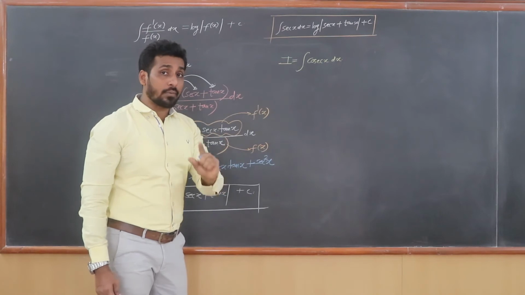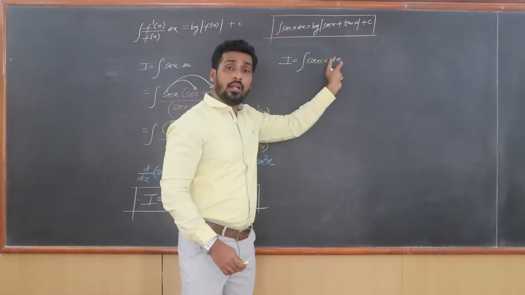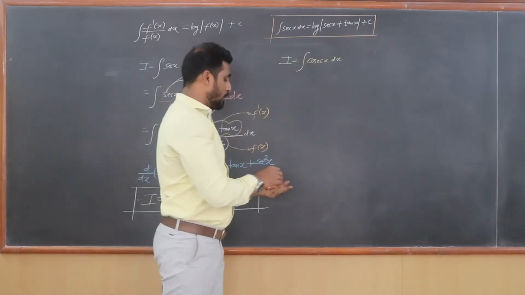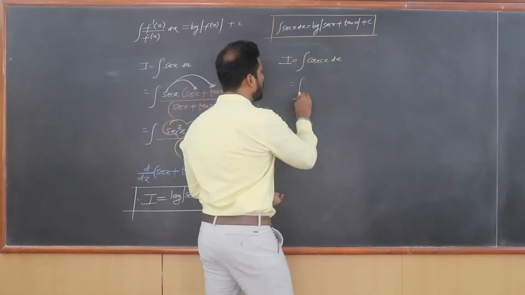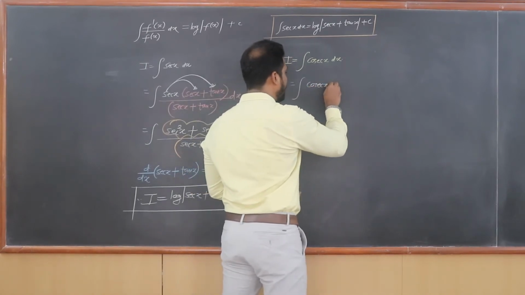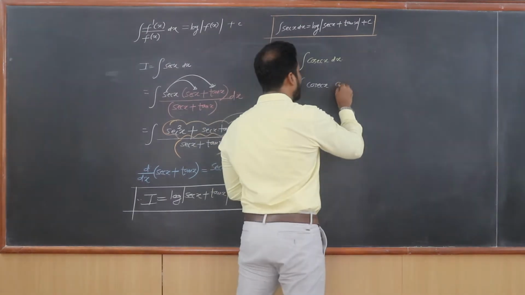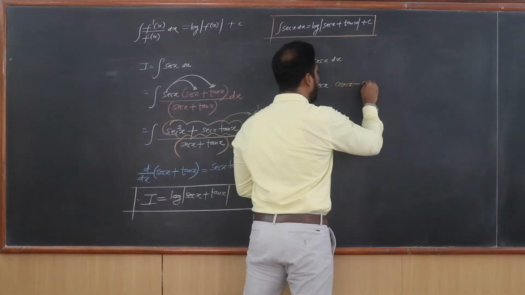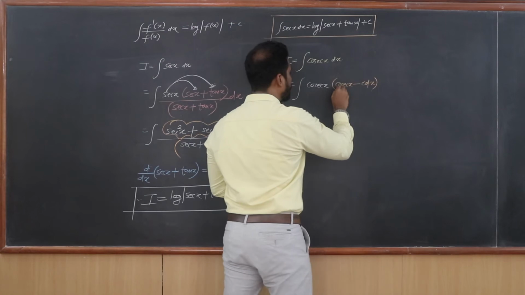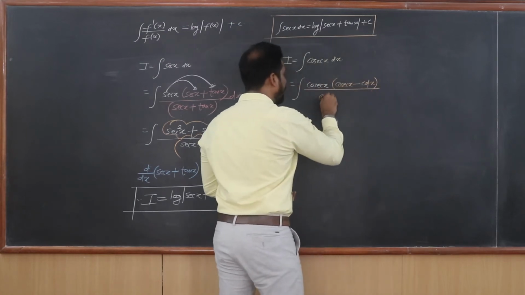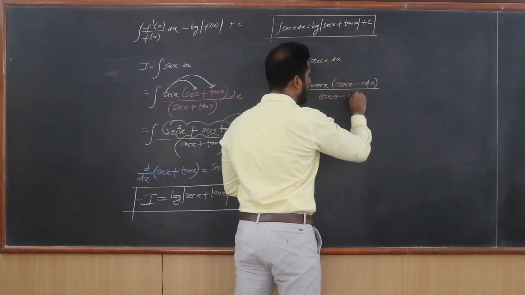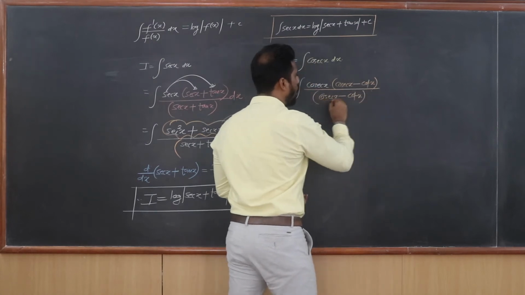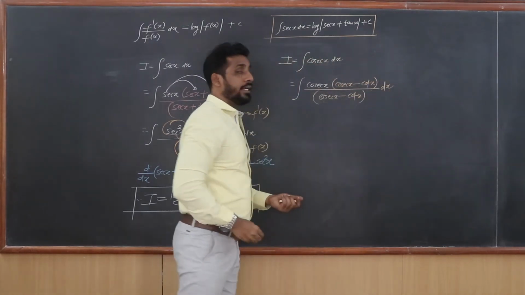So I'm going to write here integration of cosec x, multiplied with cosec x minus cot x, and the denominator also comes cosec x minus cot x, and dx ahead.